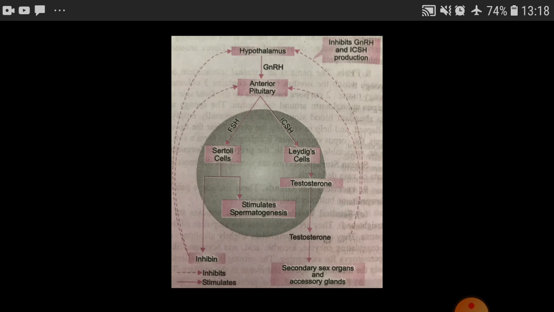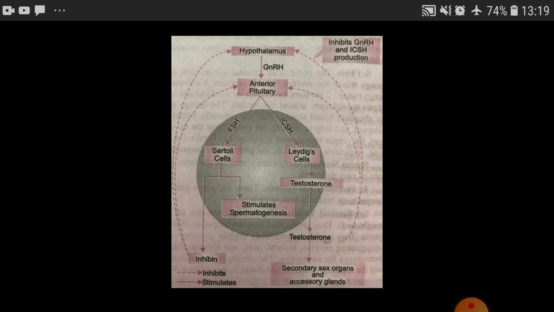Sertoli cells of the seminiferous tubules are also responsible for secretion of androgen binding proteins, also known as ABP, and inhibin protein. ABP is thought to play a role in the process of spermatogenesis by concentrating testosterone in seminiferous tubules.